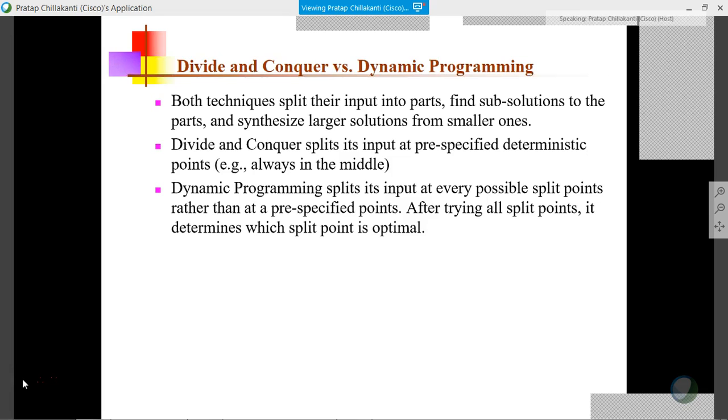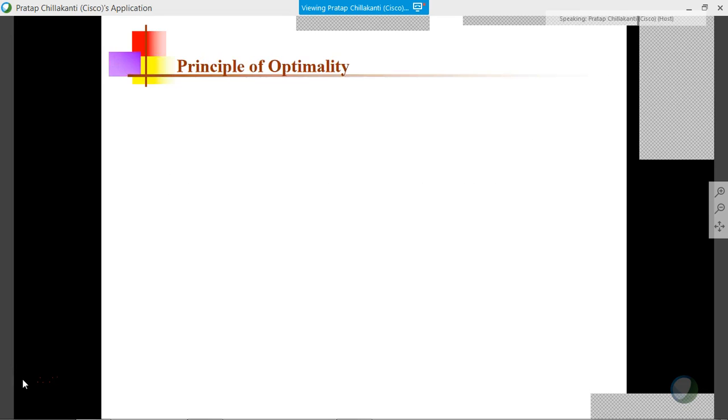Okay. And then after we try all the split points, it determines which split point is optimal. Again, going back to the 13-cent problem, 11 and 2, 7 and 6. It tried both. It knows 11 and 2 gives you a better solution. So it saves that in the array. So next time you don't have to revisit what is the most optimum. Okay, that's what the third bullet says.